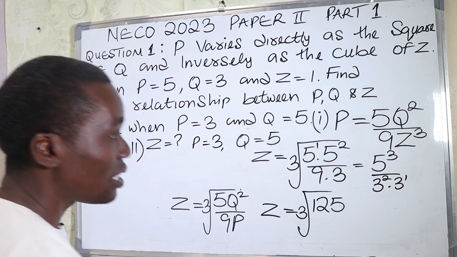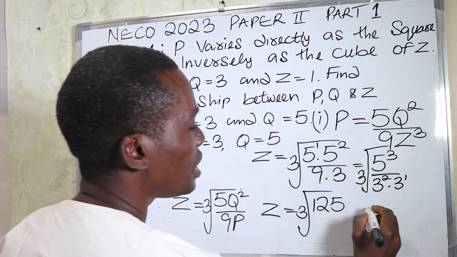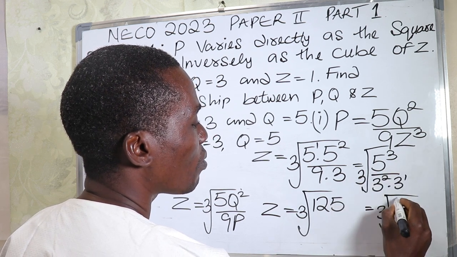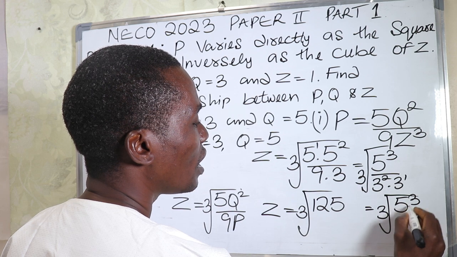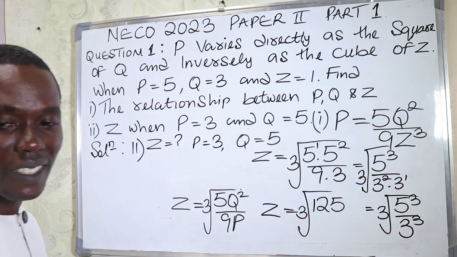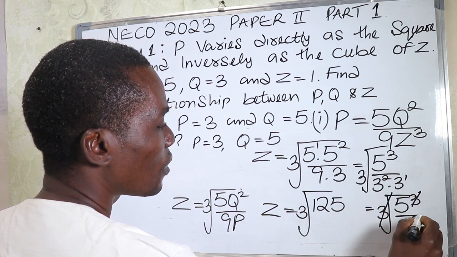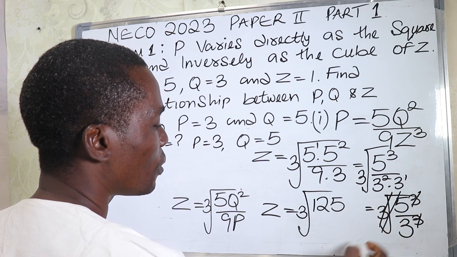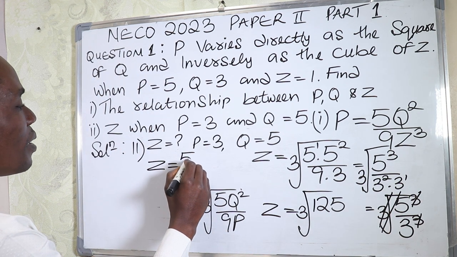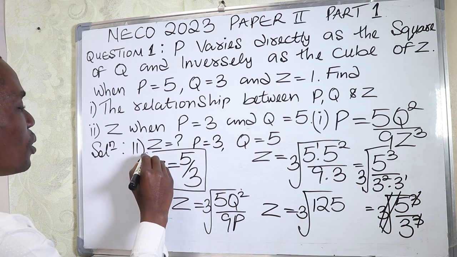So if you use that you can get it easily, and all this will be cube roots. So this is going to give us the cube root of 5 to the power of 3 divided by 3 to the power of 3. Do you see that? With that, cube can clear off cube root. Then the value of our z is equal to 5 divided by 3. And that is the solution to that question.